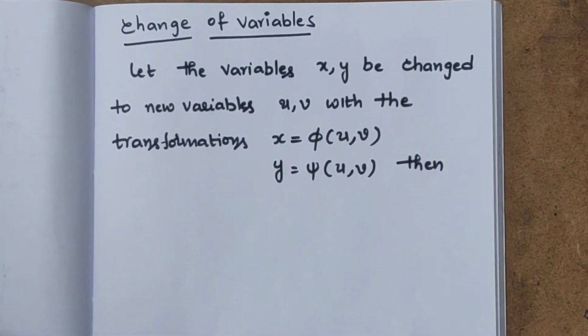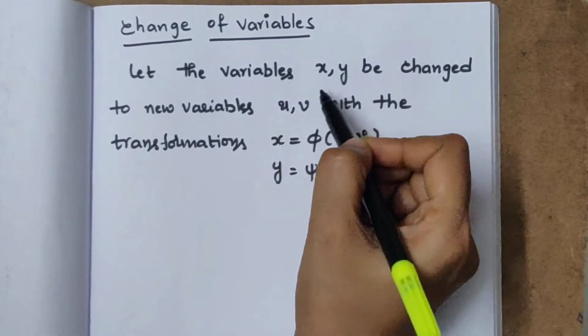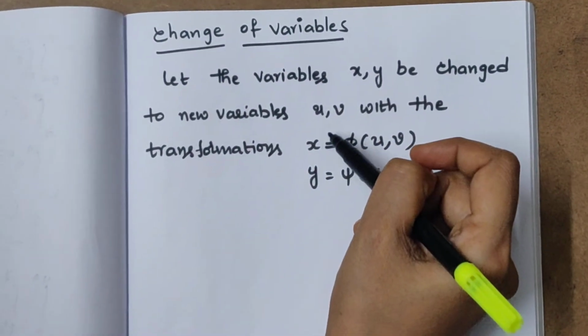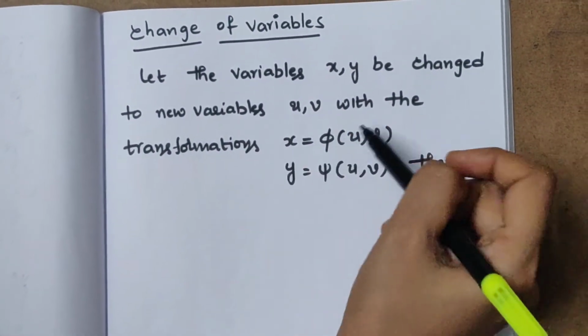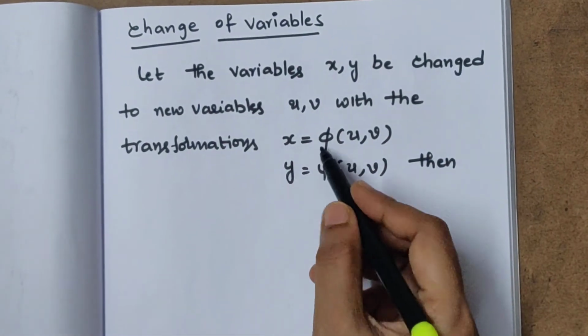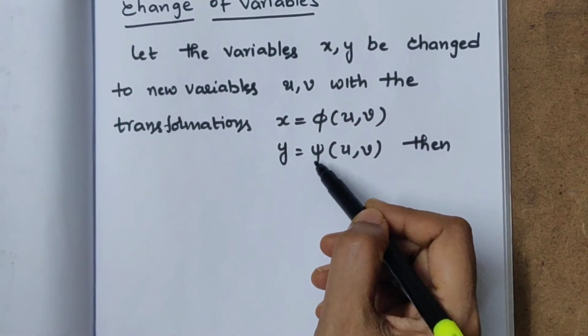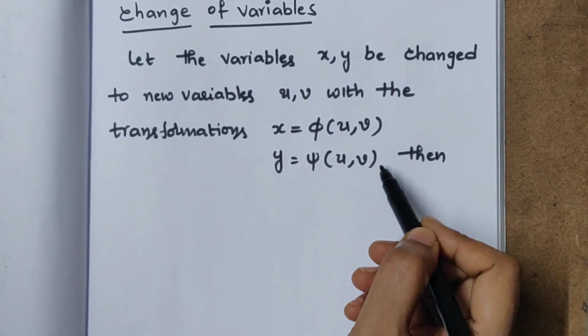Let the variables x comma y, these are Cartesian variables, be changed to new variables u comma v with the transformations x equal to phi of u comma v and y equal to psi of u comma v.